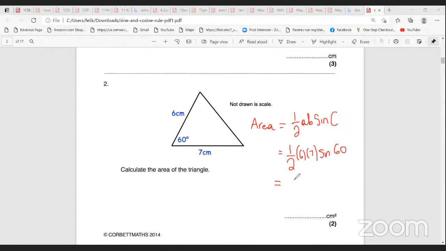Go again. 7. So 21. I would love to hear from other persons that are here. 18.2. Yes, Darius. 18.2 centimeters squared. All right.